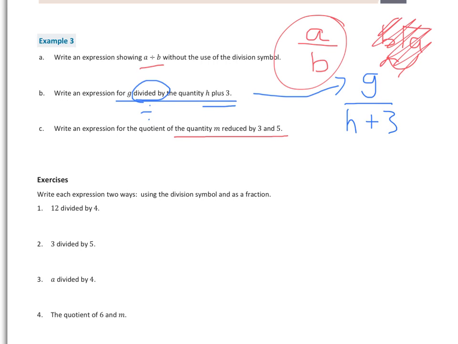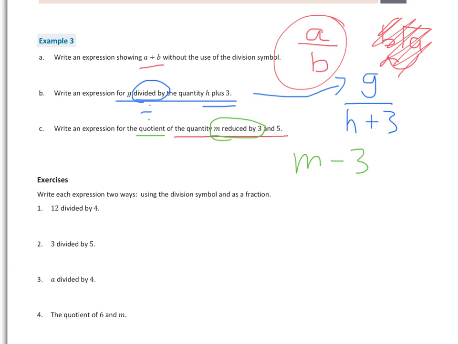But m reduced by 3, this one right here, I can write that out, right? We can say m reduced by 3. Reduced means you're taking something away, so that would be m minus 3. And we know we're looking for a quotient, because it says quotient right here.